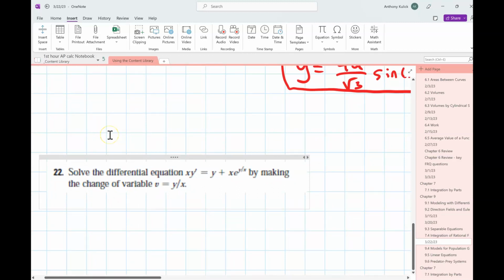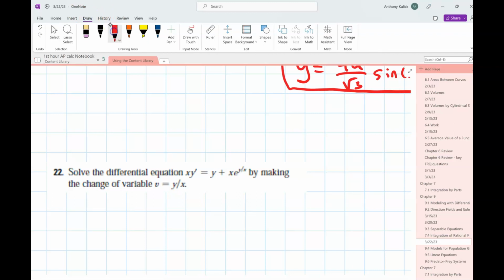So it says solve the differential equation, yada, yada, yada, by making the change of variable v is equal to y over x. Did we learn about what the change of variable was in the notes? No. So let's keep that in mind, that eventually we're probably going to need to make that substitution.